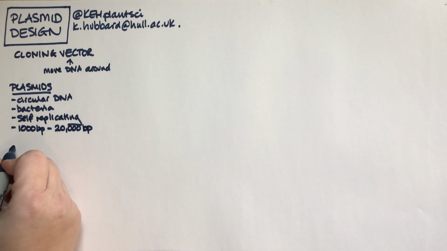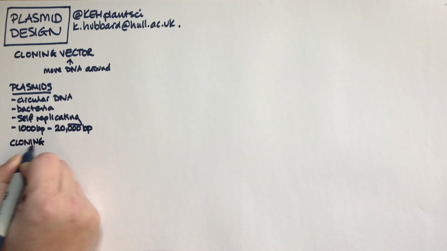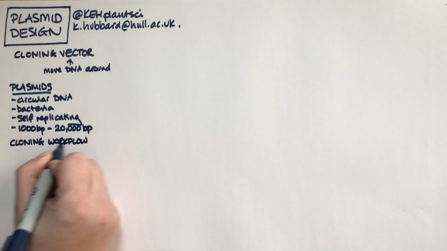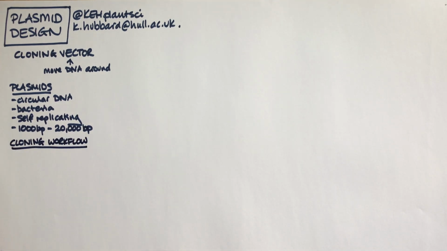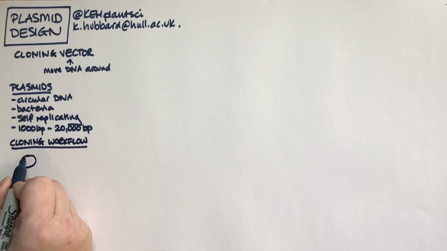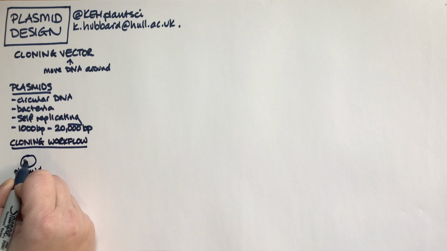So what's the workflow? There is a whole other video on restriction cloning that talks about some of this in more detail, but just to summarise, we start off with a plasmid. Let's say that's 4 kilobases.